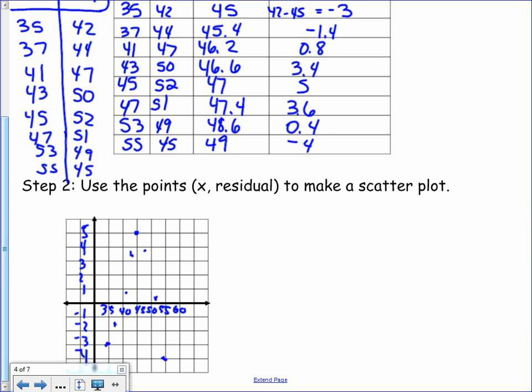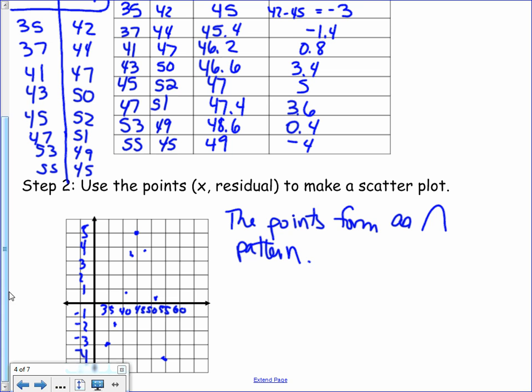Now we can see from the scatter plot that basically the points form a kind of an N-shaped pattern. Anytime they form any kind of pattern, it means that it doesn't model the data well. So the points form kind of like an N pattern.